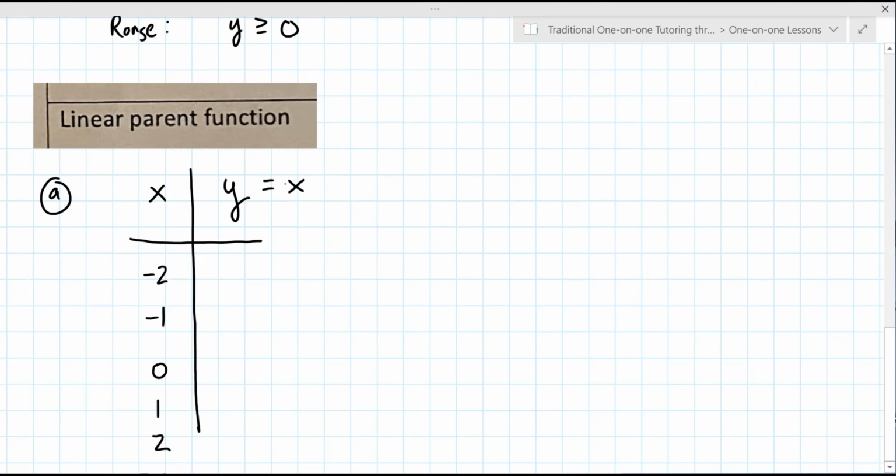So what this says on the right, and this is something a little bit new, it says that Y is the same as X. So that means whatever X is, that's what Y is. -2, -1, 0, 1, and 2. All right, let me just write that.